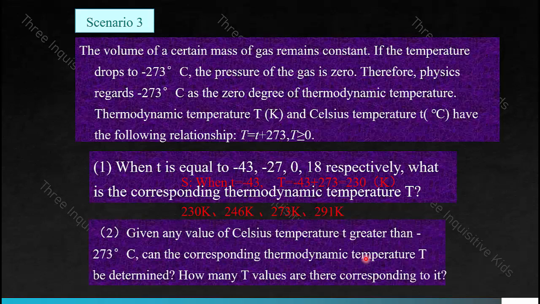Number 2. Given any value of the Celsius temperature t greater than negative 273 degrees Celsius, can the corresponding thermodynamic temperature T be determined? How many T values are there corresponding to it?